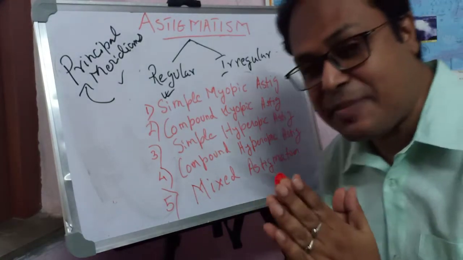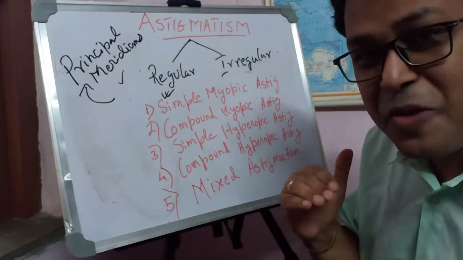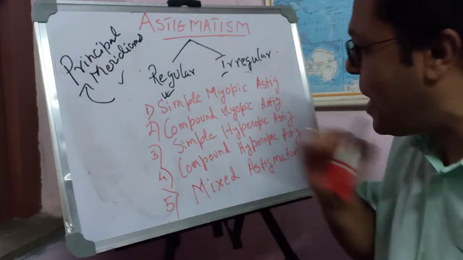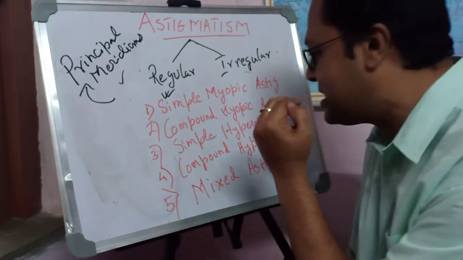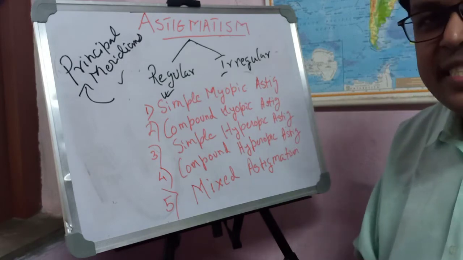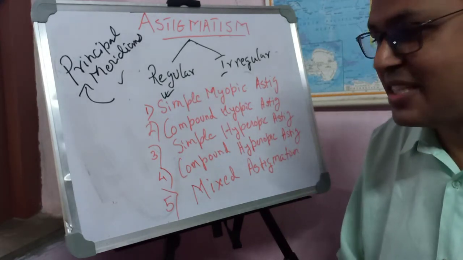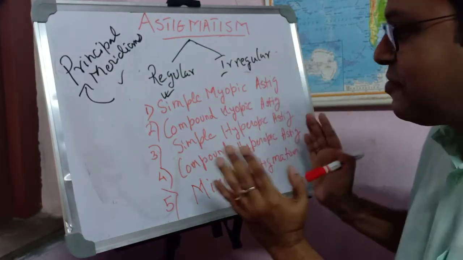So regular astigmatism can be further divided into simple myopic astigmatism, compound myopic astigmatism, simple hyperopic astigmatism, compound hyperopic astigmatism, and mixed astigmatism. And we will see each of these.